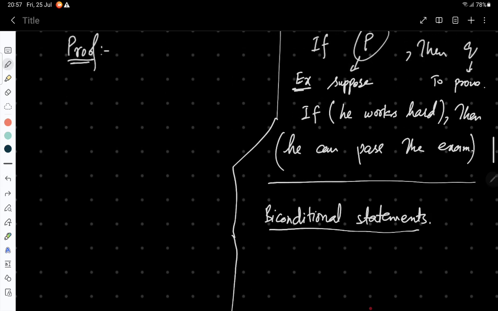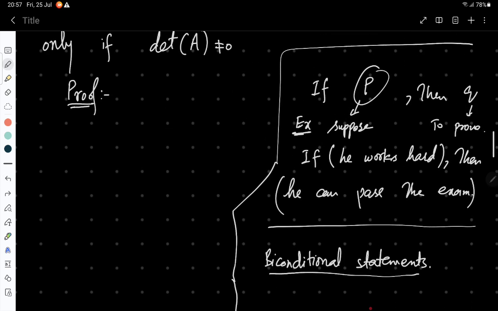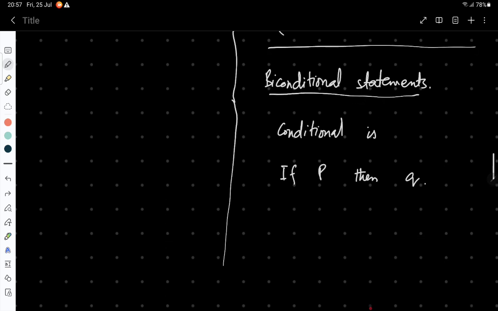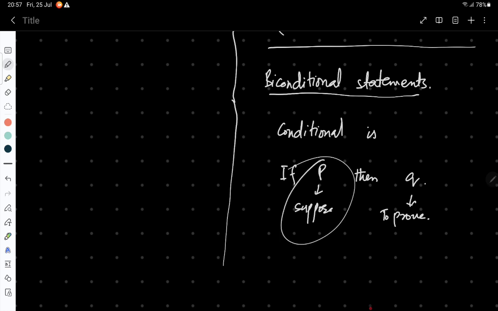But we also have biconditional statements. So what are biconditional statements? In order to understand them, let's revisit the conditional statement. The conditional statement is if P then Q. In this kind of statement, we assume that P is true and we have to prove that Q is also true.